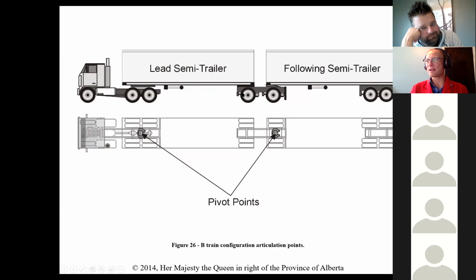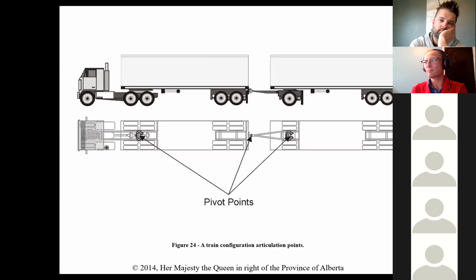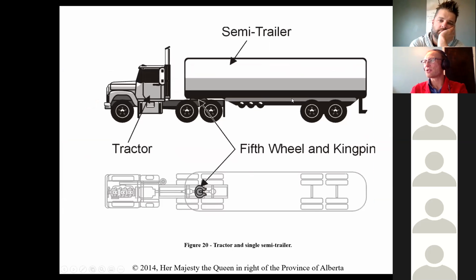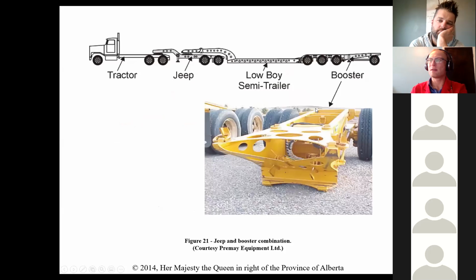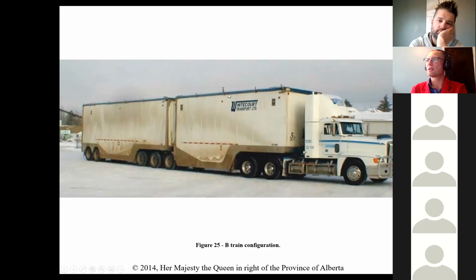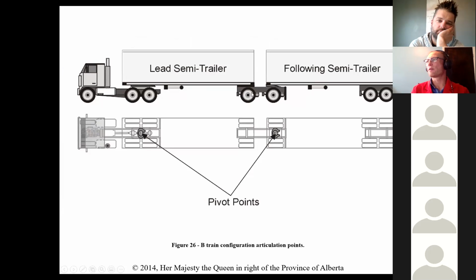Instead of having a converter dolly that comes off a pintle hook, we're going to have a separate subsection. Instead of the frame just being like a semi-trailer, with one semi-trailer having the wheel assembly all underneath, this one is going to extend out from the rear.